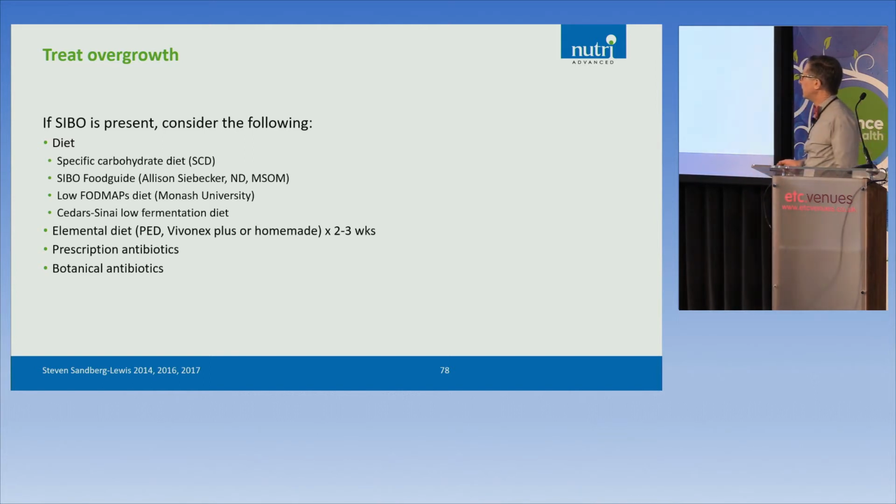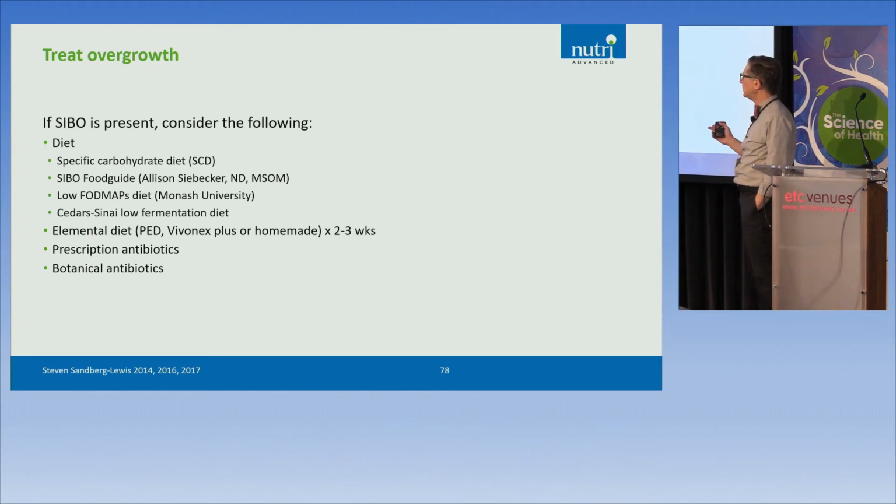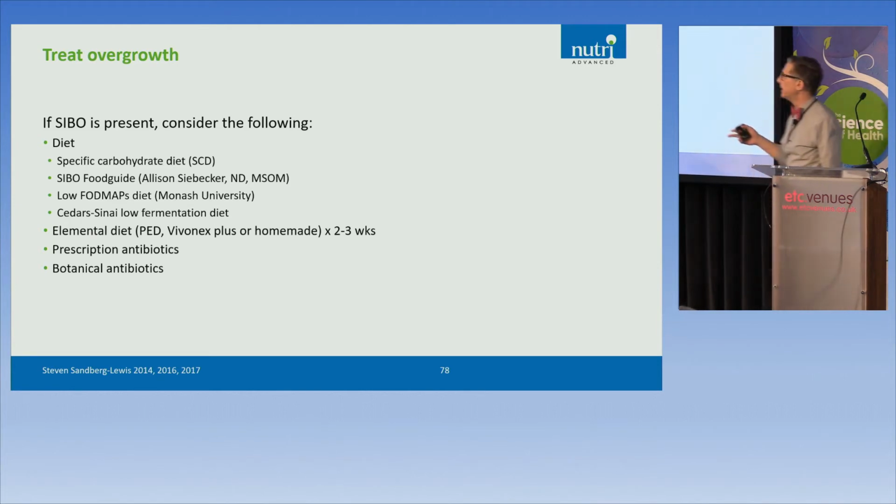So consider the following. Diet. These are the diets that I use most commonly. Specific carbohydrate diet, and the SIBO food guide that Dr. Siebecker put together from the specific carbohydrate and the low FODMAPs. She put them together into one chart for the patient, and it's way easier to follow than two different diets.